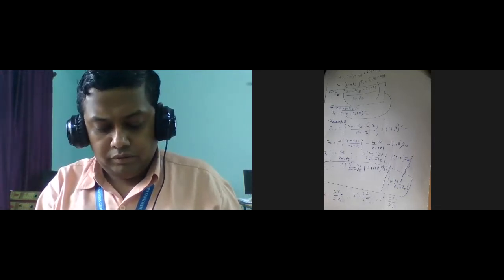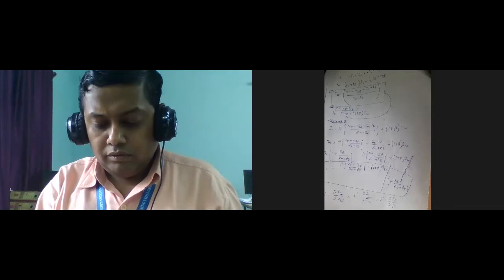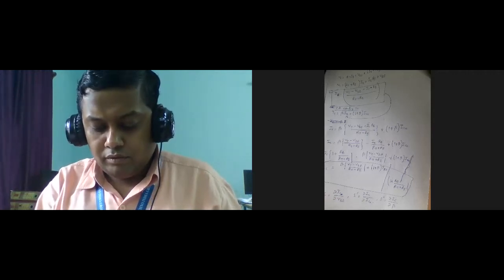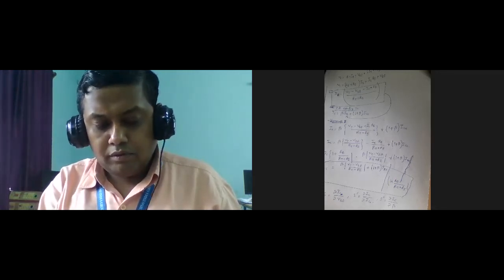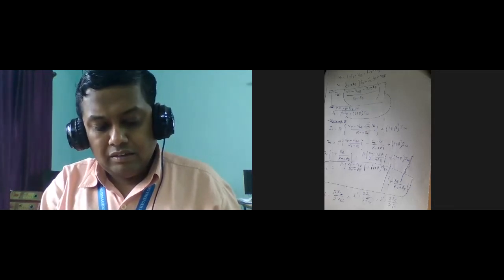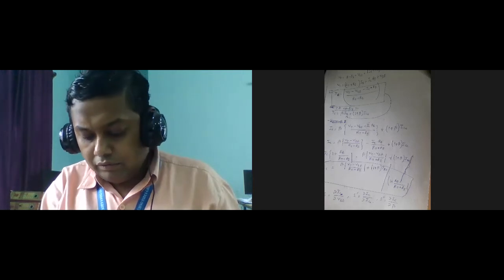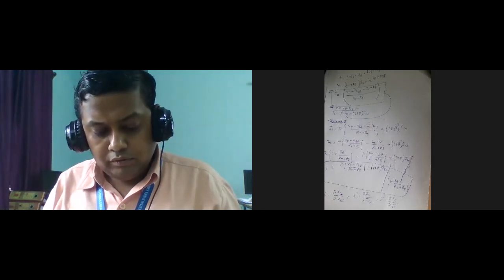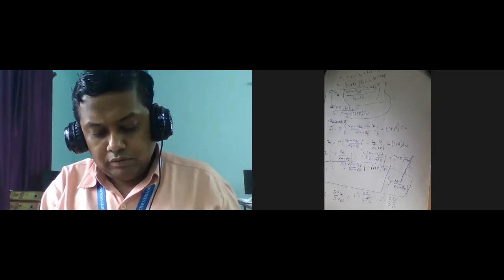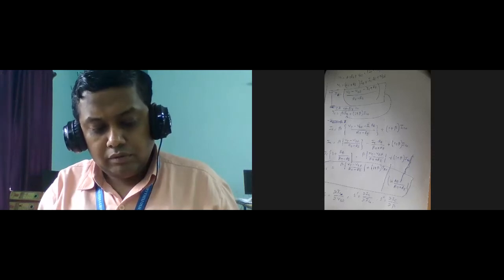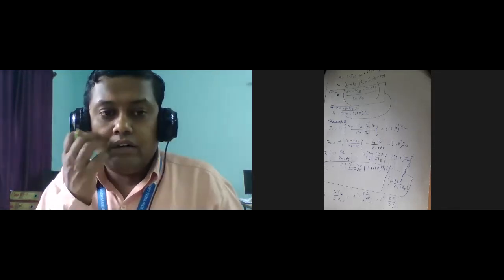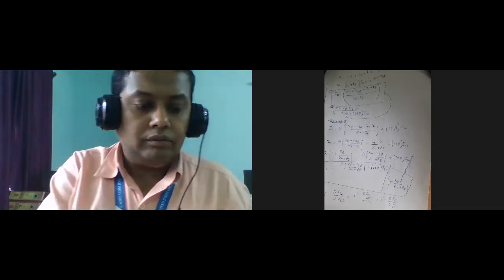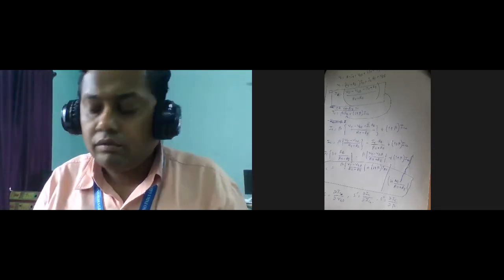Okay. So find out the result. S is equal to minus beta divided by RT plus RE.